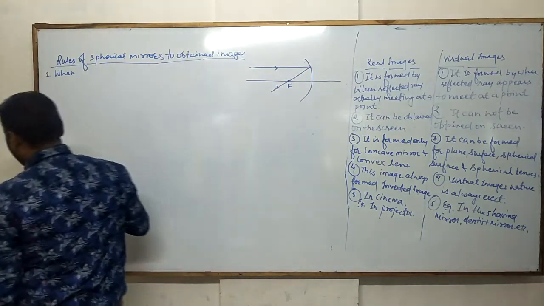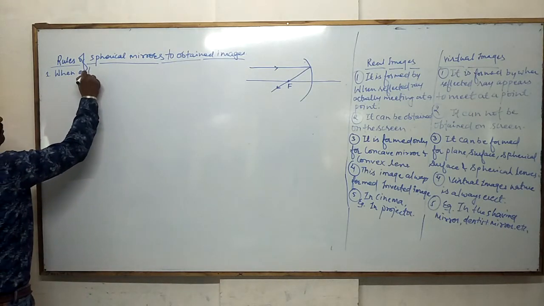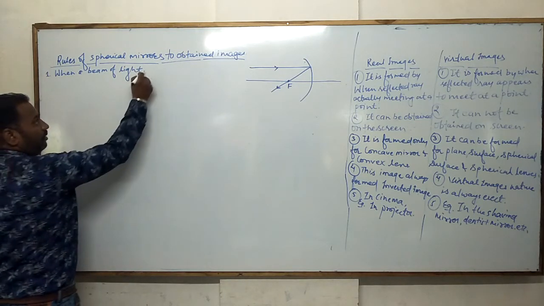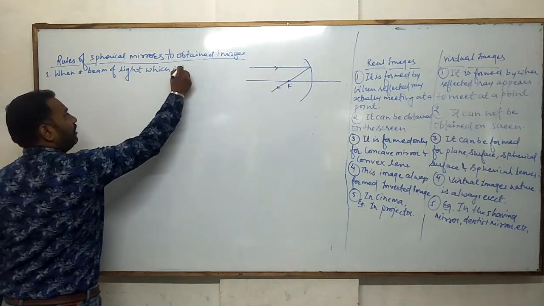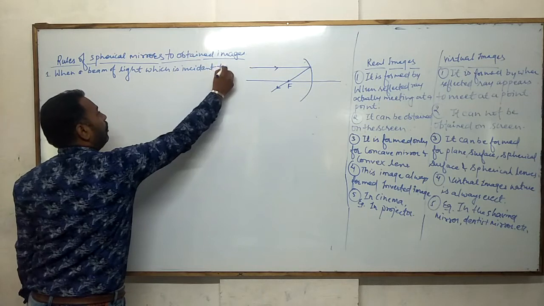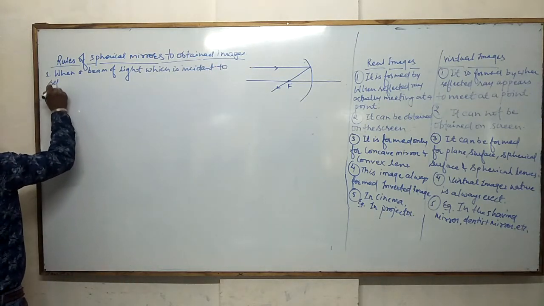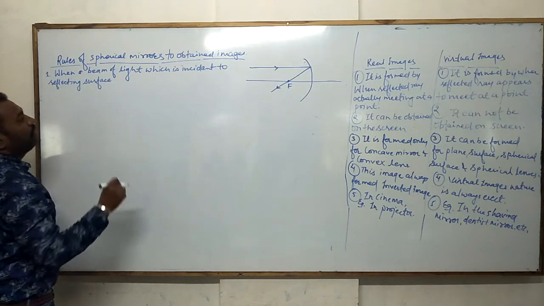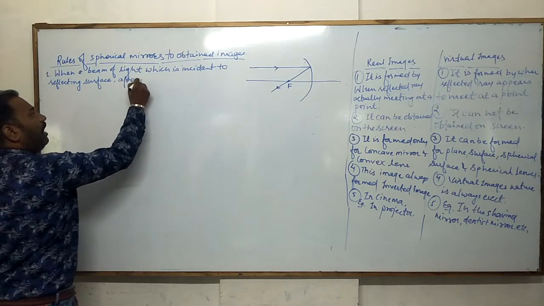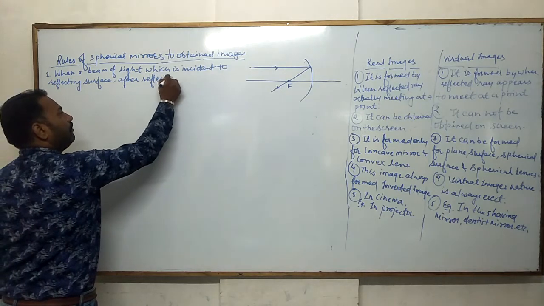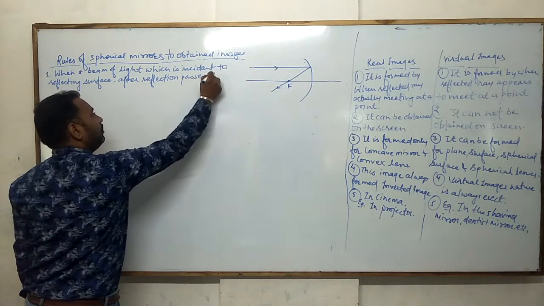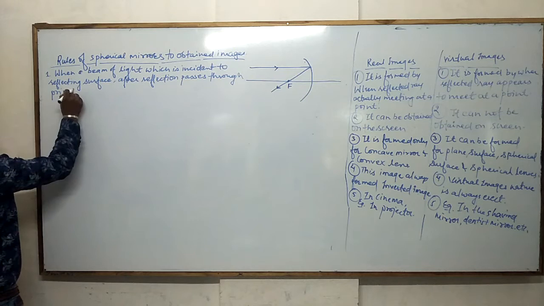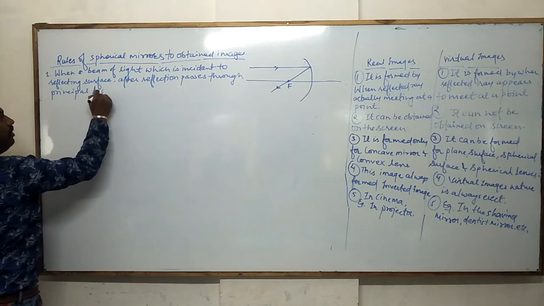Okay, so for the first rule you have to write: when a beam of light which is incident on a reflecting surface, after reflection passes through the principal focus.